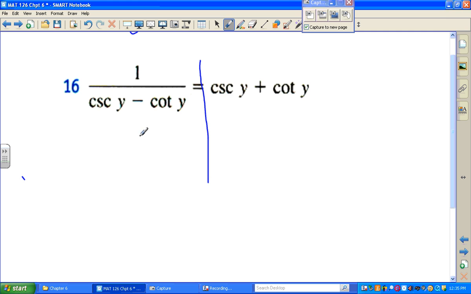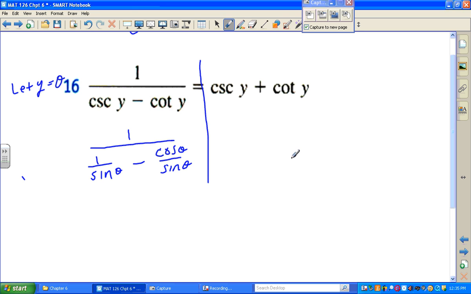Left side? Quiet, please. Now, here's a fancy way, if you really are insistent: you put let y equal theta. That's a very mathematical way of saying now I can put all thetas, and it's a valid move. You don't have to write that, though. Yeah, you should. You should document everything.